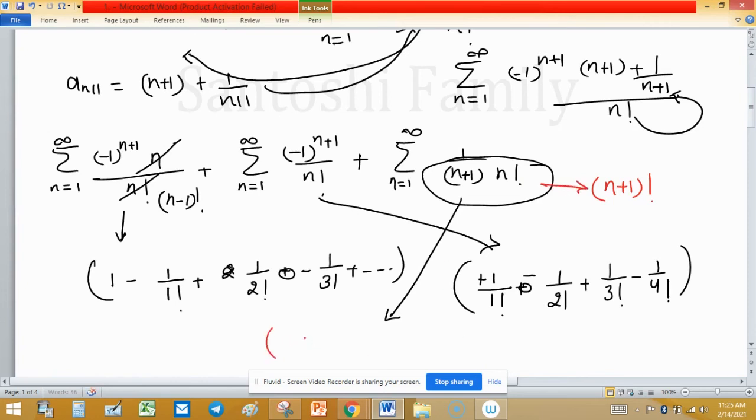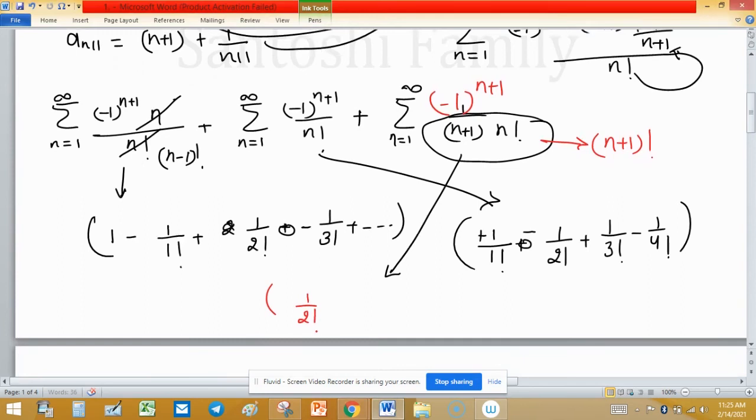So minus 1 raised to the power n plus 1 will also be there. So when n is 1, the first term is positive, so 1 upon 2 factorial, plus the next term will be negative, 1 upon 3 factorial, plus 1 upon 4 factorial minus, and so on.